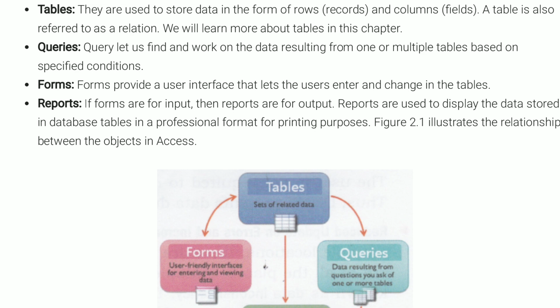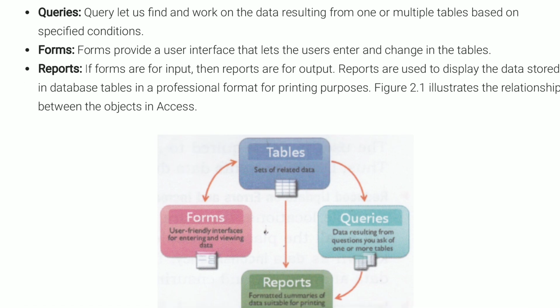Next object of an MS Access database is forms. A form is a database object that we can use to create a user interface for a database application. Forms provide a user interface that lets the users enter and change the data in the tables.